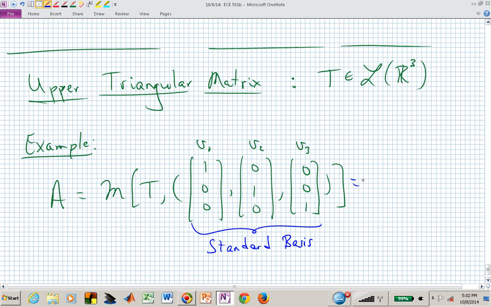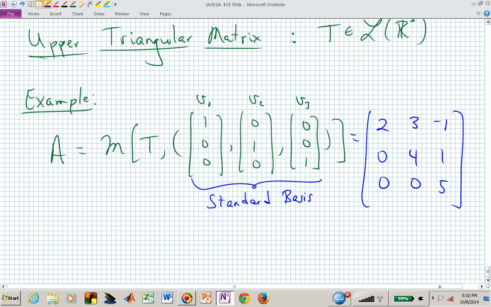And let's say that that matrix A is now 2, 0, 0 in the first column, 3, 4, 0 in the second column, and minus 1, 1, 5 in the third column. Let's say that's the matrix representation of some linear map, capital T.